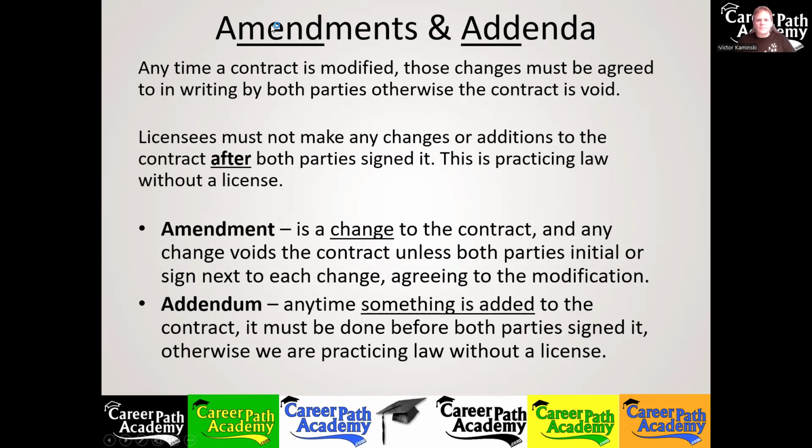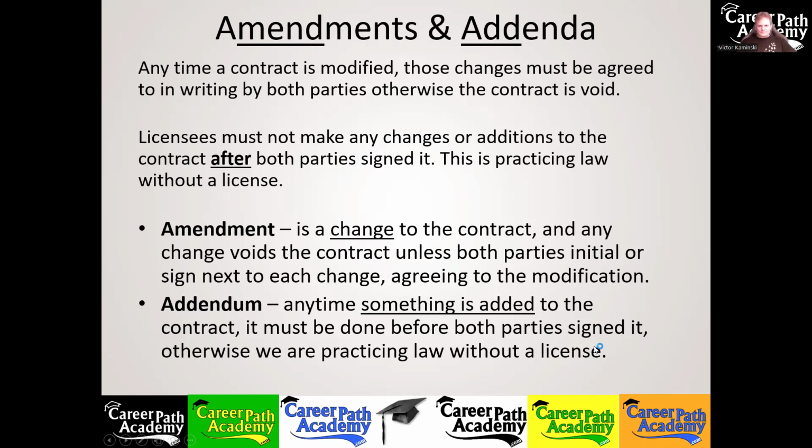So the difference between amendments and addenda. Amend, look, it has the word mend in it. What does mend mean? It means to fix something, right? And addenda has the word add in it. You're adding something to a contract. So amendment, you're changing or modifying something, you're mending it, you're fixing it. And addenda has the word add in it, so you're adding something to the contract.